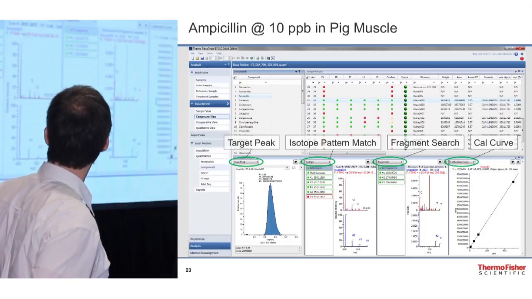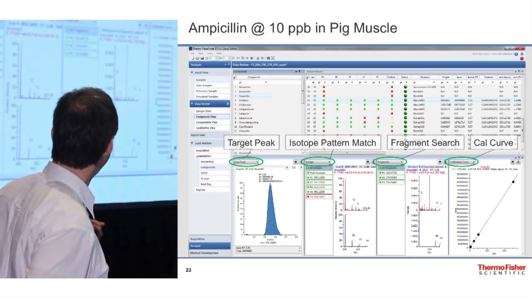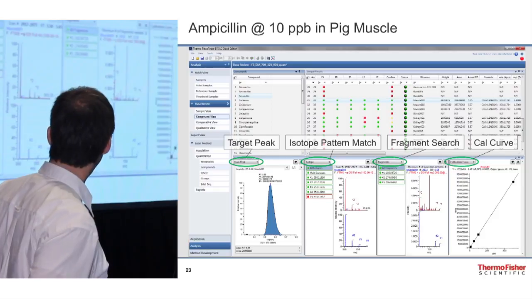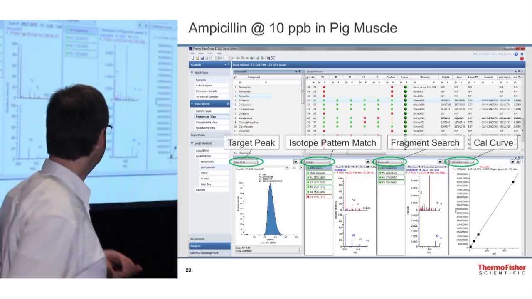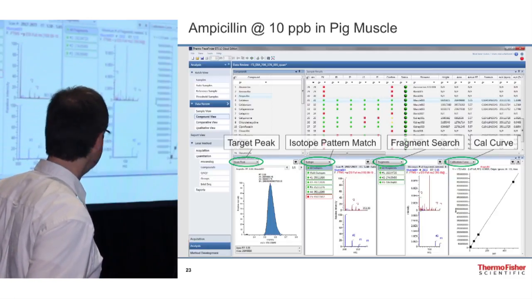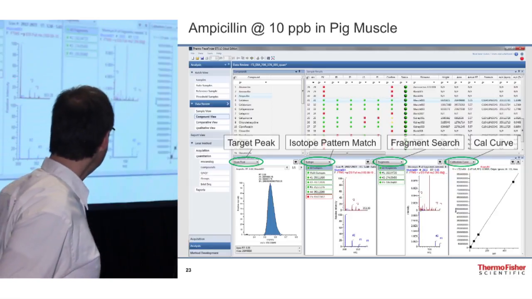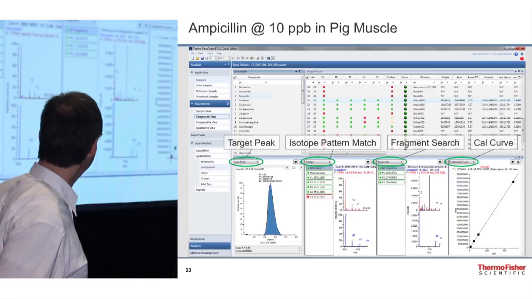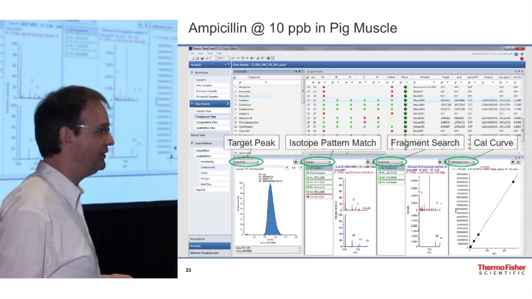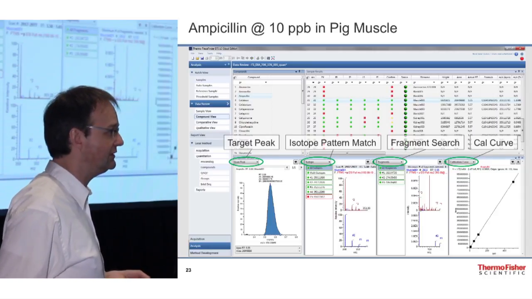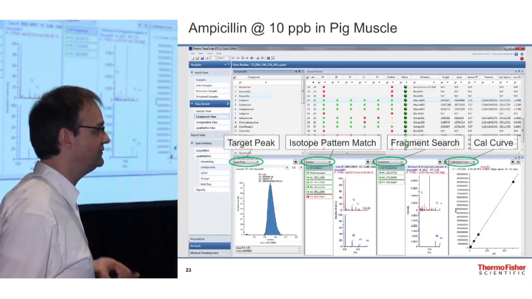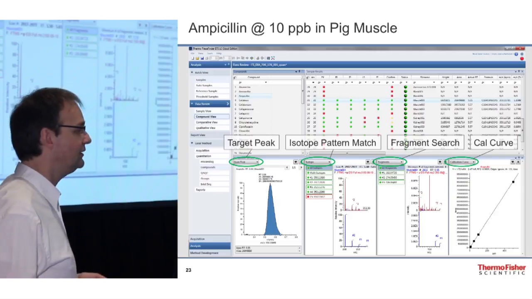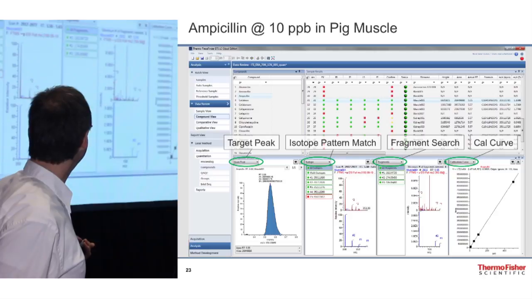So we see all the components here, we see all the samples, we measure it, we get the extracted ion chromatogram, for example, to see the quantitative peak here, and then we get the confirmation steps. Of course, one confirmation step is the retention time here, clearly, but we can look into the isotopic pattern of the parent peak that comes for free with full-scan analysis. And since we know the elemental composition, it's easy to do a comparison of the theoretical and the practical spectra.